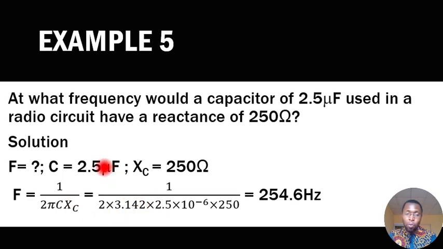This micro is a value of 10 to the power minus 6. So we have 2.5 times 10 to the power minus 6, then multiplied by our capacitive reactance, which is 250, that is our XC. Simplify all of this, the frequency of the capacitor is 254.6 Hertz.